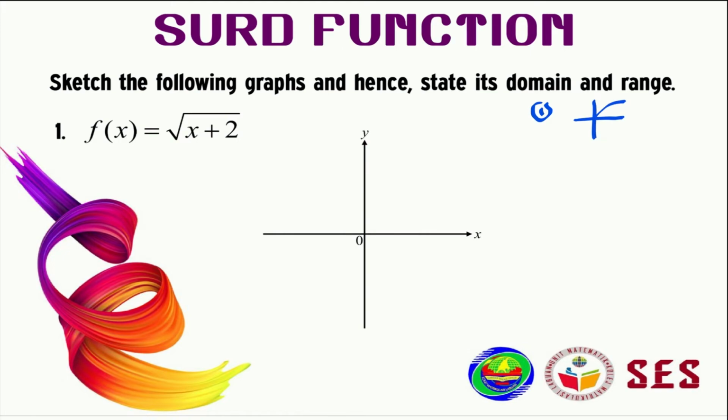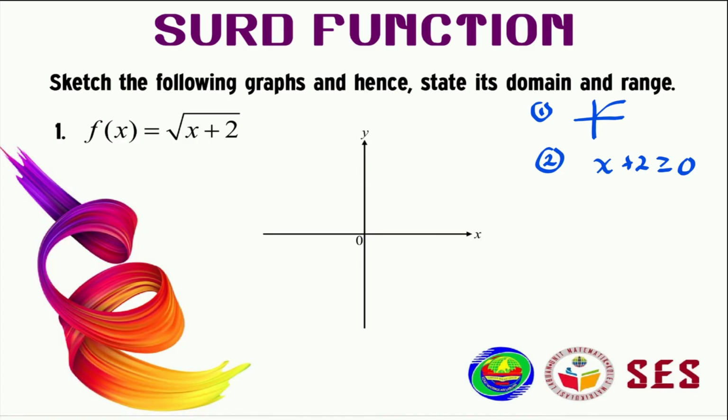Next, we need to determine its starting point. For any point, we need an x and y coordinate. The x coordinate can be easily obtained by looking at what is inside the square root sign. Whatever is inside the square root sign must be greater than or equal to 0. So we write x plus 2 greater than or equal to 0.